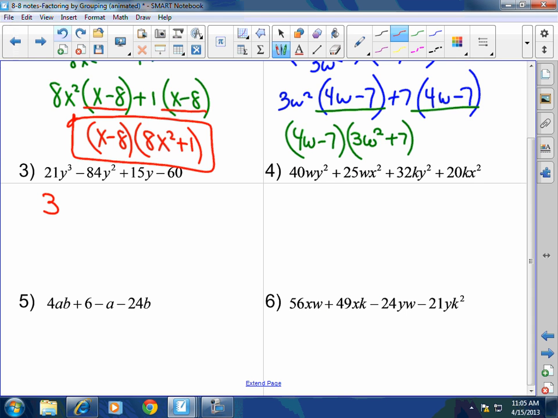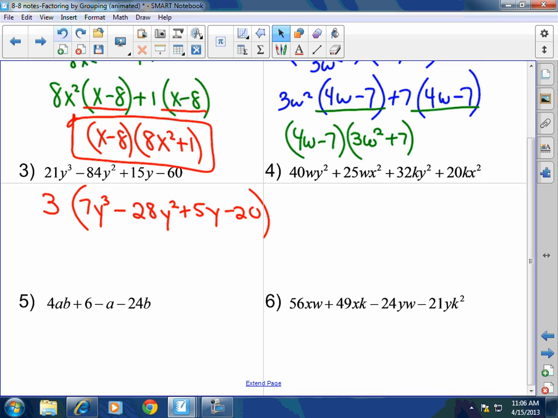So first factor out a 3. So I'm left with 7y cubed minus 28y squared plus 5y minus 20. Good catch, kid.